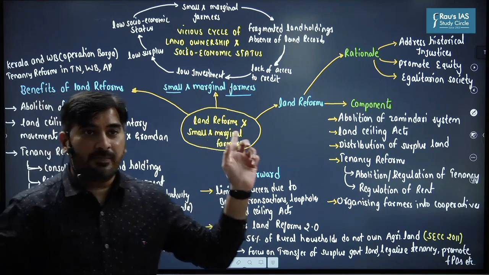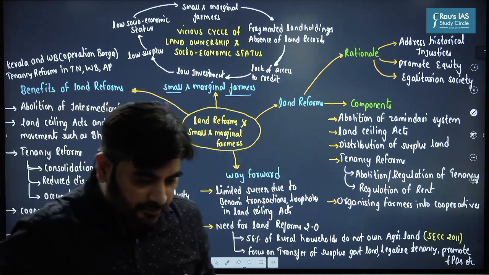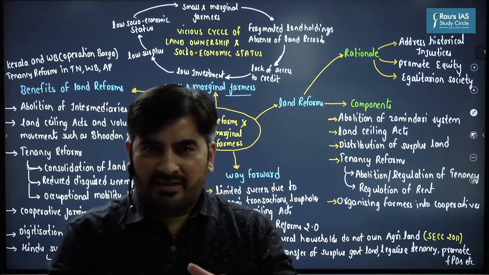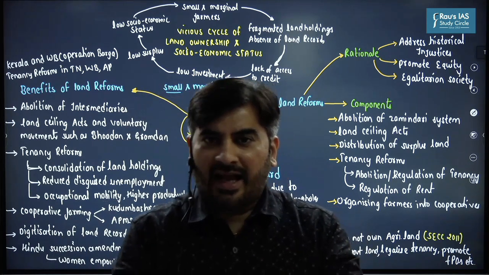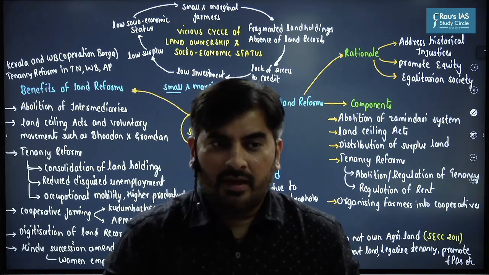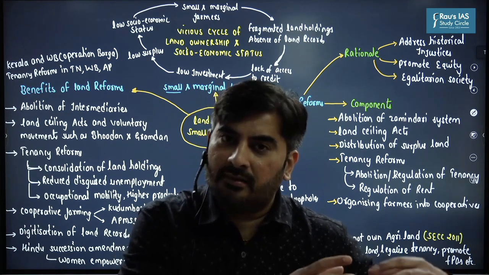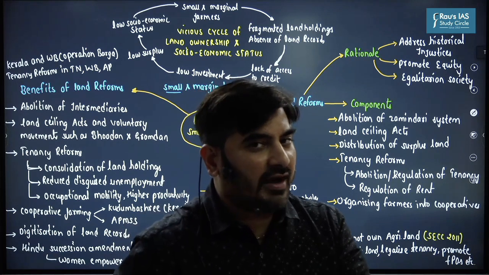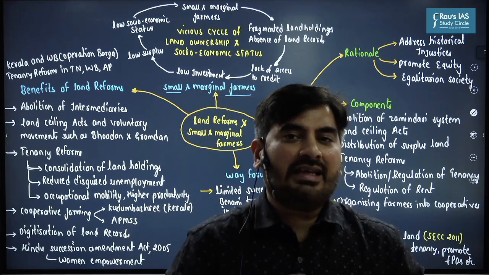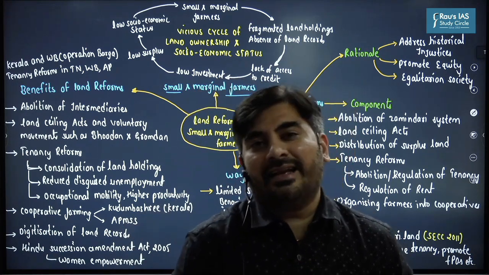Can you see this? So here, as far as small and marginal farmers are concerned, as I keep repeatedly emphasizing, 86% of the farmers in India are small and marginal farmers. These farmers together own 48% of agricultural land.